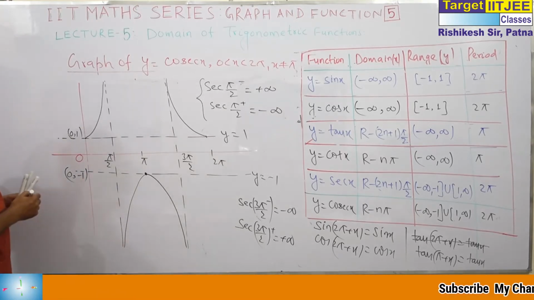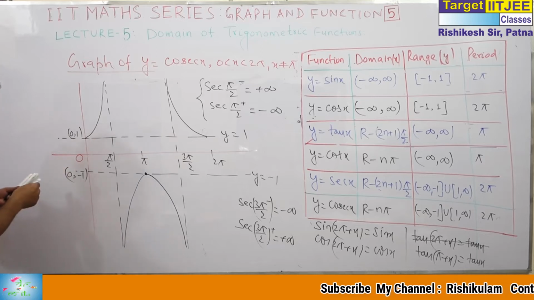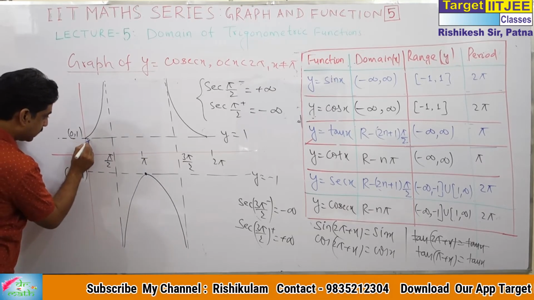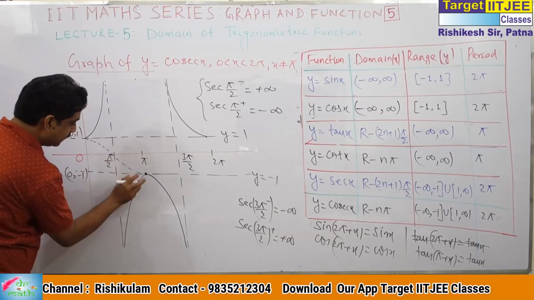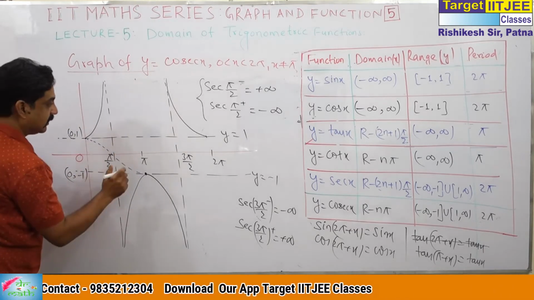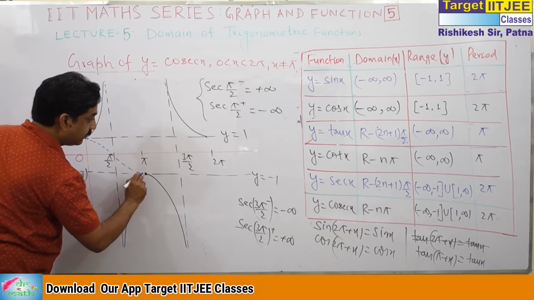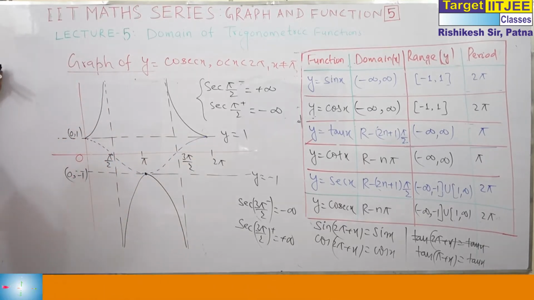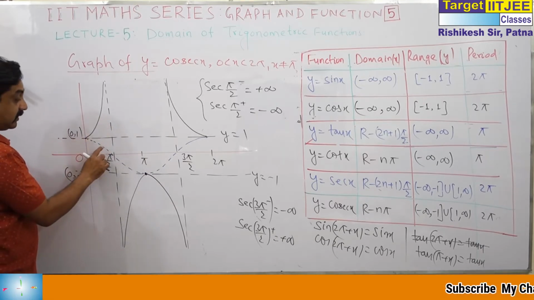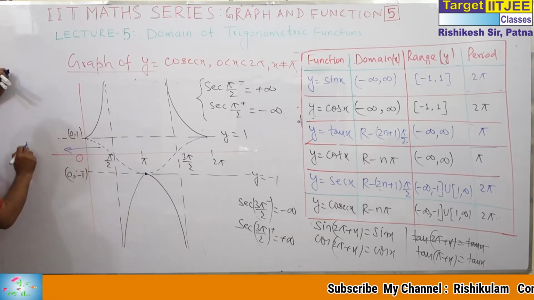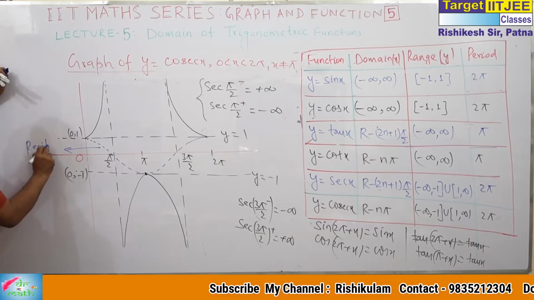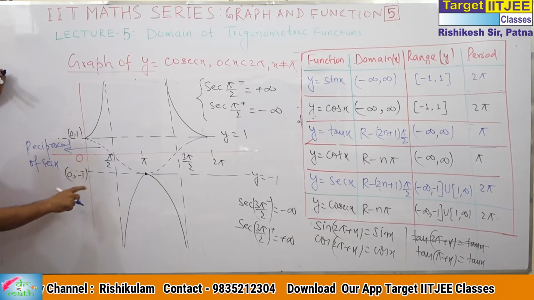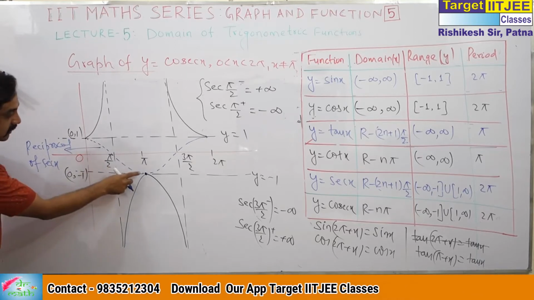Now let me do one more point in this graph of sec x. If you draw the graph of cos x here, sometimes you get a figure like this. That I am doing for sec x, not cosec x. This is very interesting. Why interesting? This is the reciprocal of sec x.